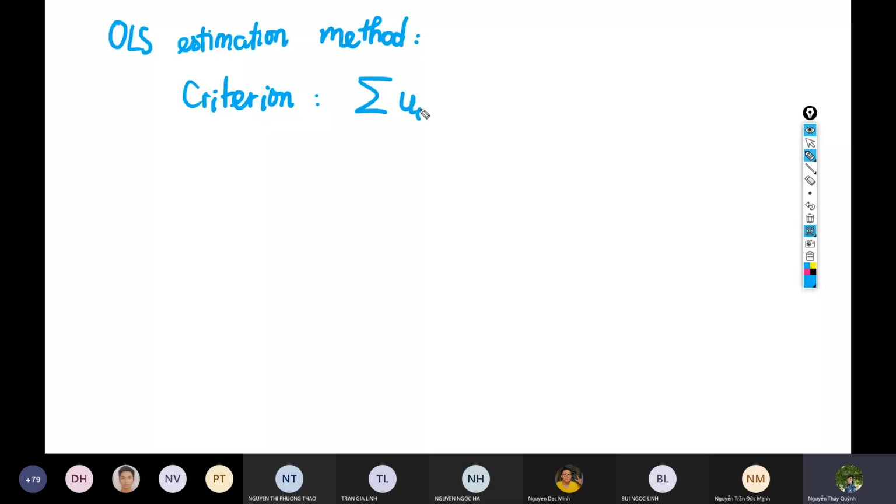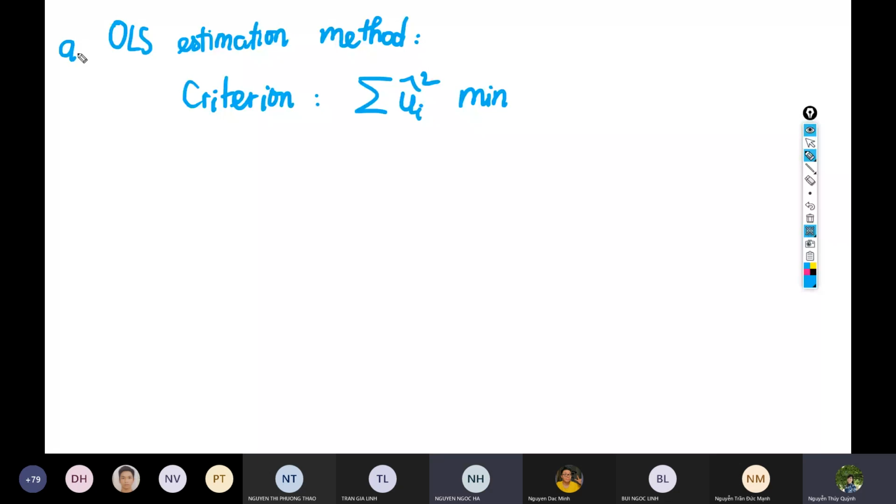That is our criterion to choose the sample regression model by using the OLS estimation method. All right, that is question A. Very simple. Okay, and what about question B?